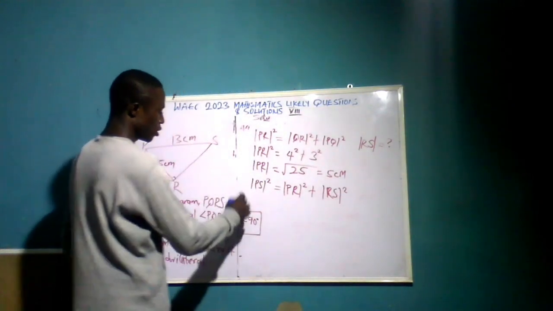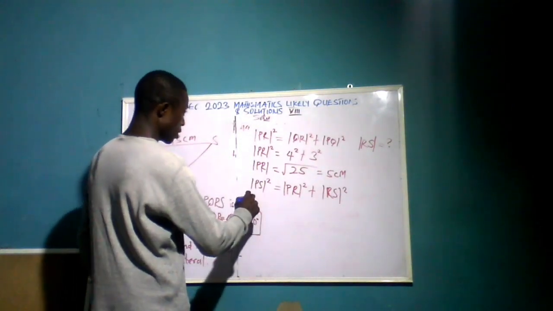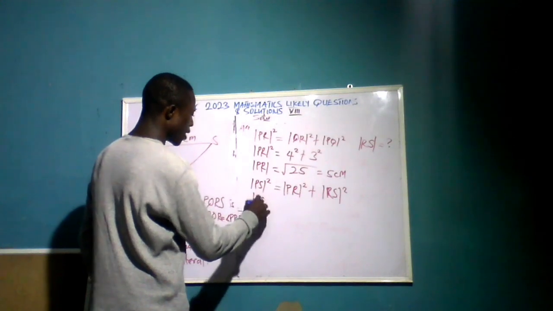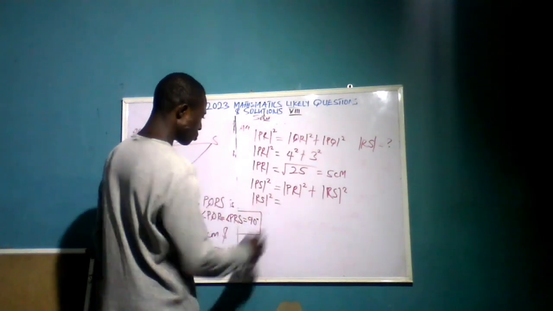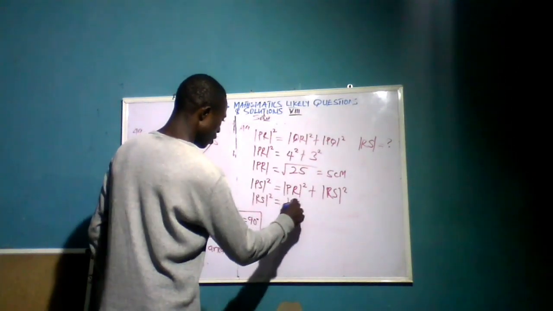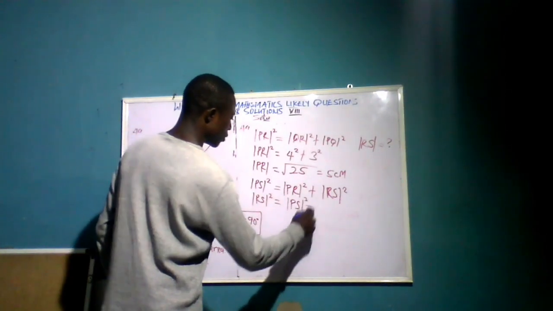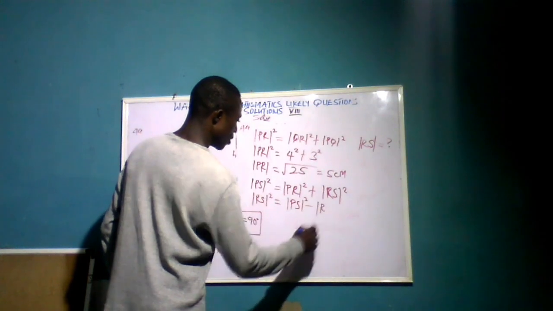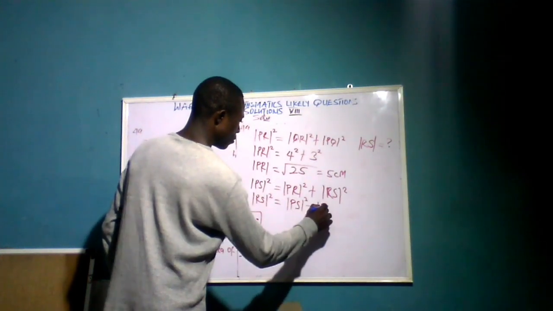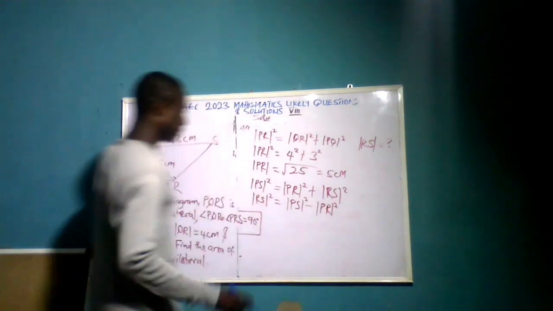And from here, your RS square will be equal to, sorry, PS square minus PR square.